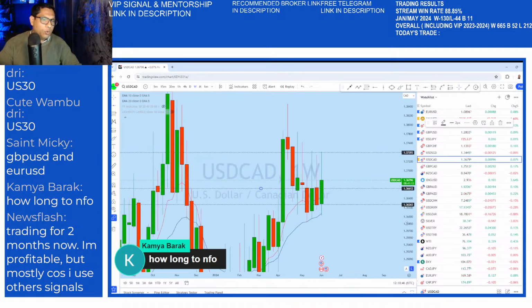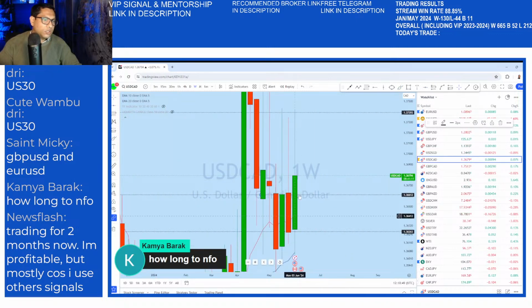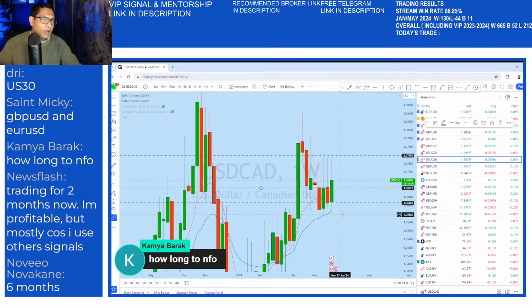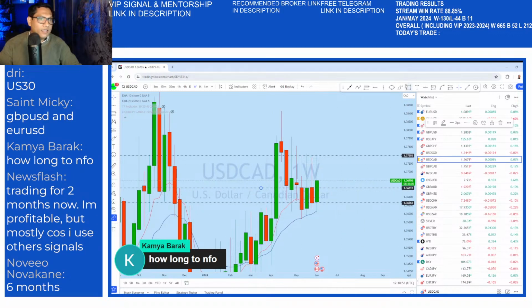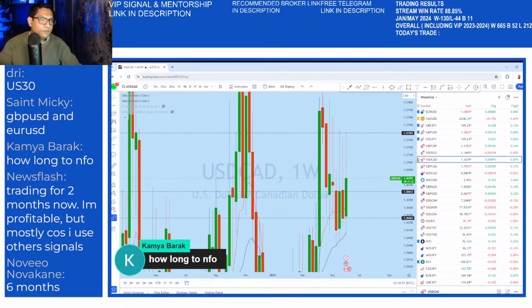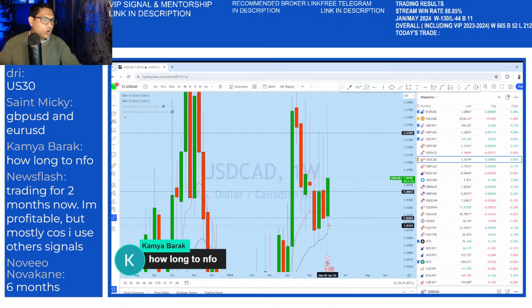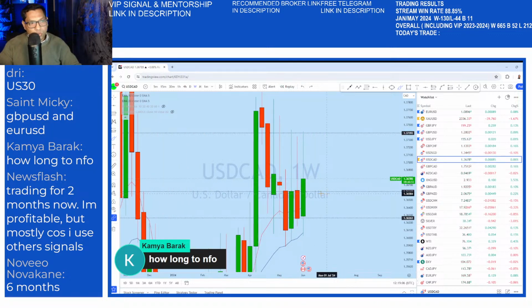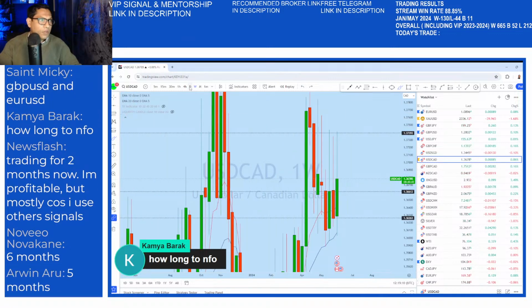The market has crossed that low and then crossed that high. So today is the last day of the trading week. We might see dollar CAD going up and filling that long wick at the top.